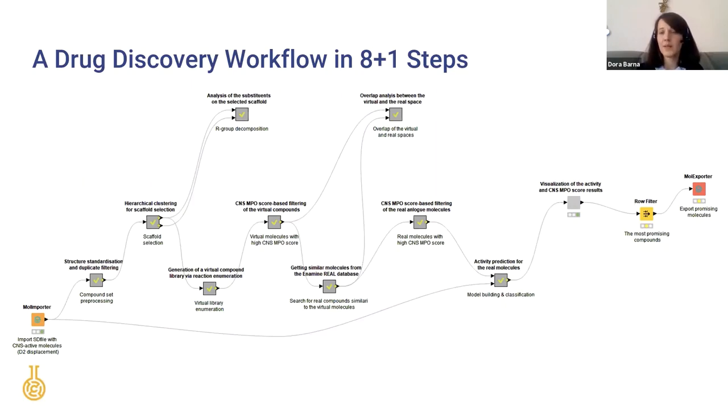We will also have some time to try out and go hands-on with this workflow. But before we do that, let me give you a bit more background material to see how the cheminformatics looks behind these steps and these metanodes.